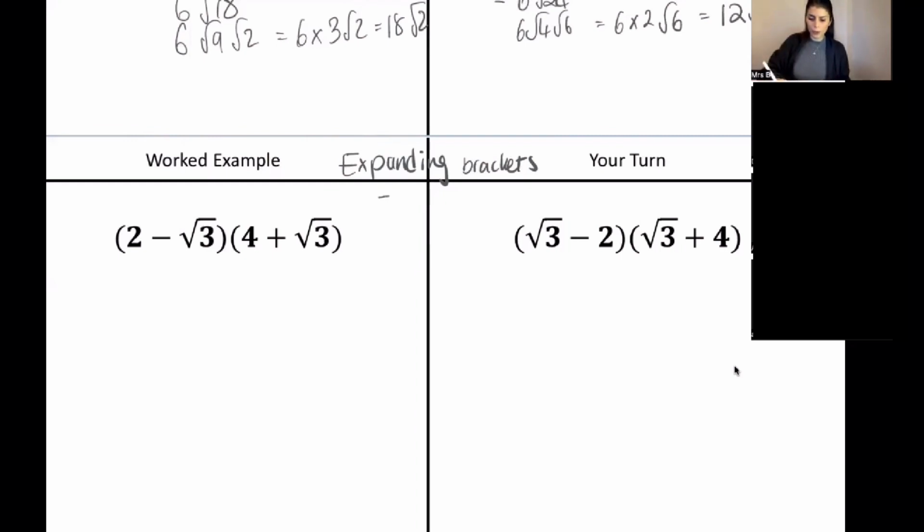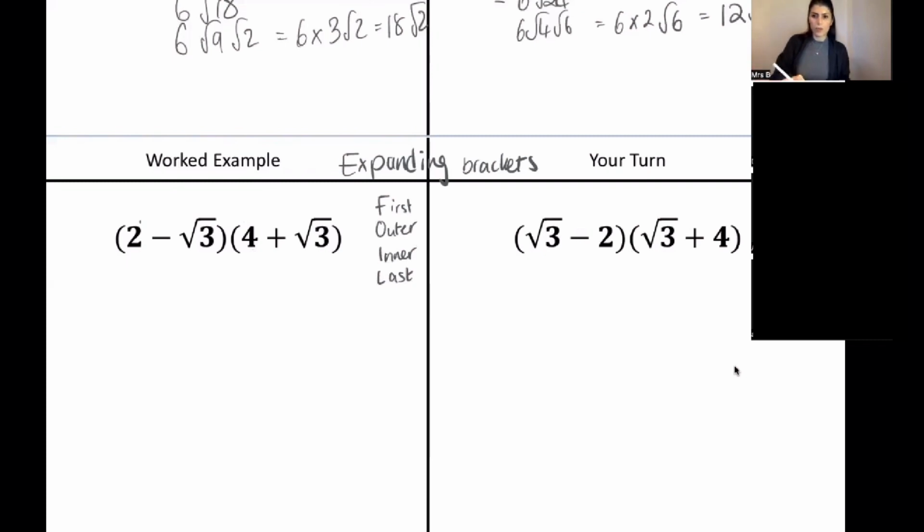When I said FOIL, if you don't know what that stands for, it means first, so you multiply the first two together, outer, inner, and last.